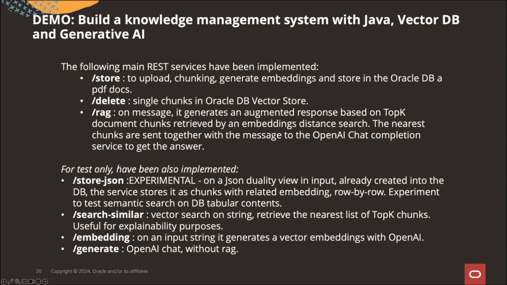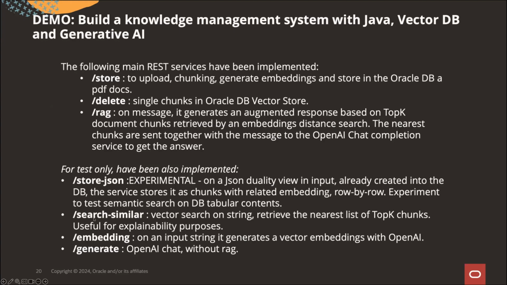I also implemented some collateral endpoints, like store JSON, in order to embed a JSON duality view that you have already created in the database, and store it as embeddings and chunks that you can use to run similarity search.